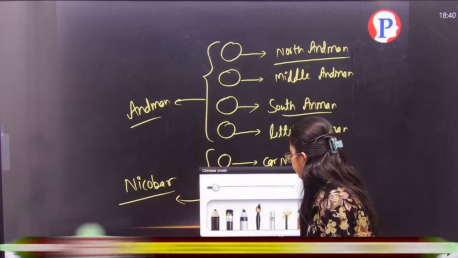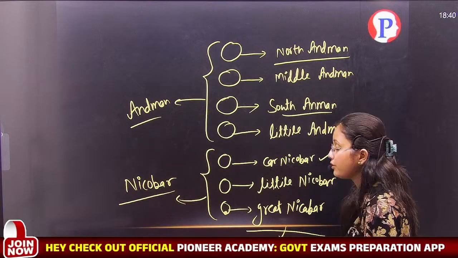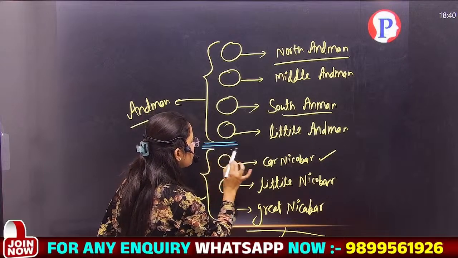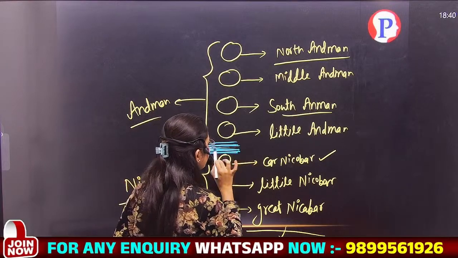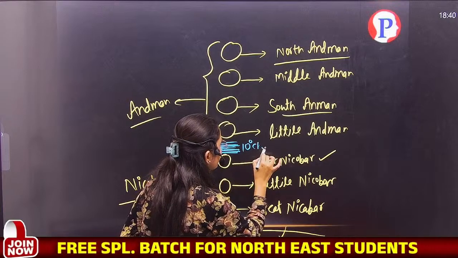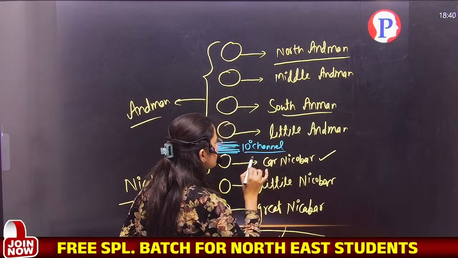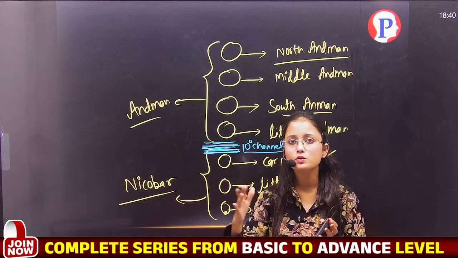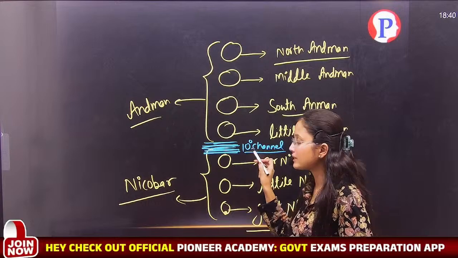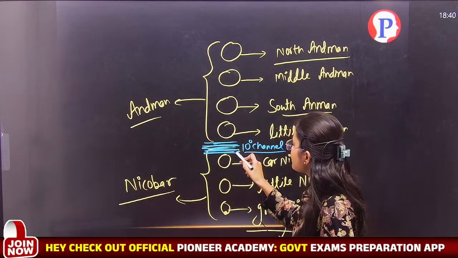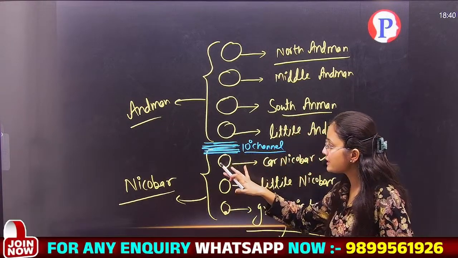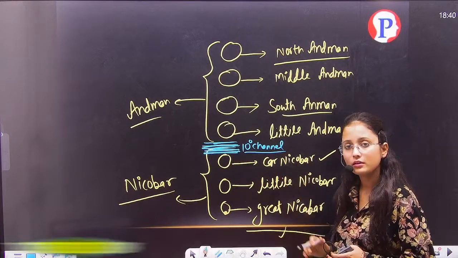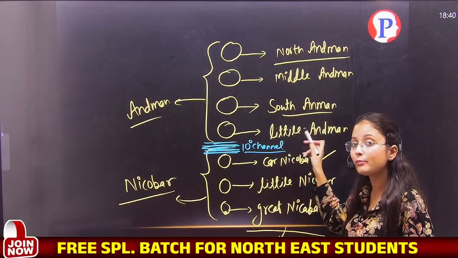Now we will talk about the water boundaries between them. First of all, this boundary is called the 10-degree channel. A channel is a water body located between two separate islands. You can see here it is located between two islands: Little Andaman and Car Nicobar.